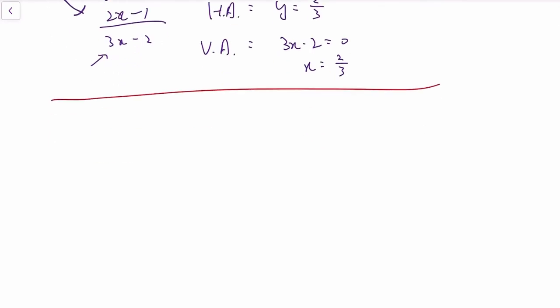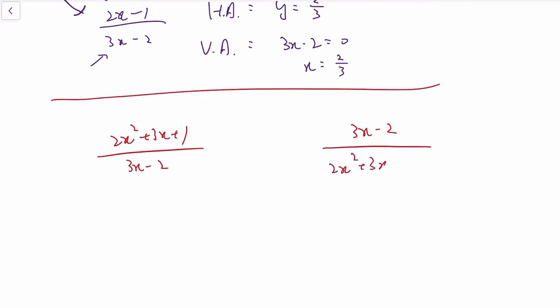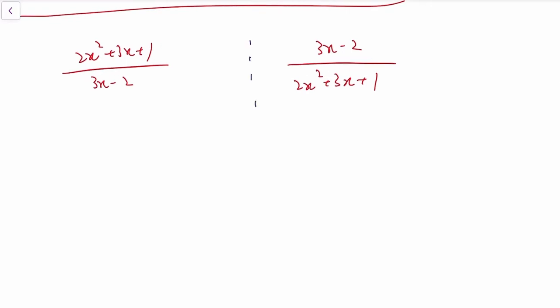But for HL, you are supposed to know how to find the asymptotes of a quadratic over something linear, or the other way around. Now turn out the case for the right hand side is slightly easier, so we will start with that.